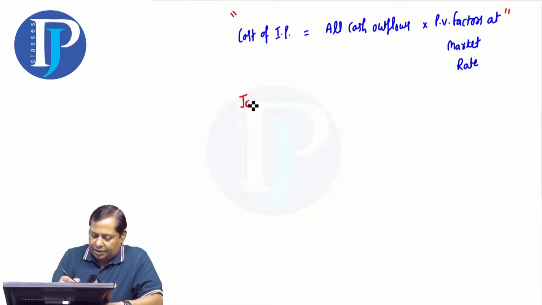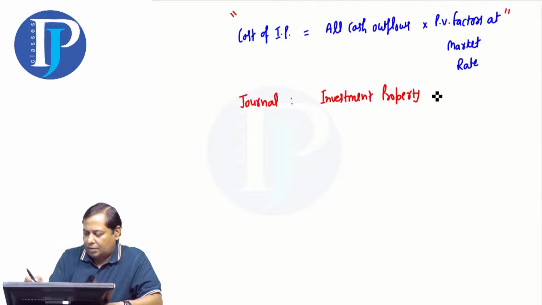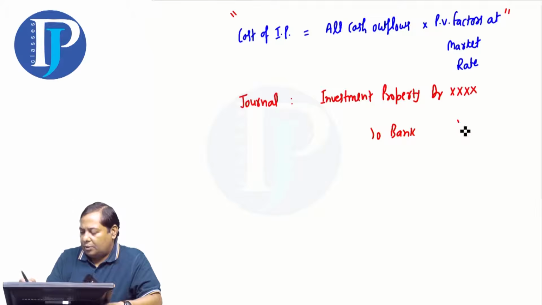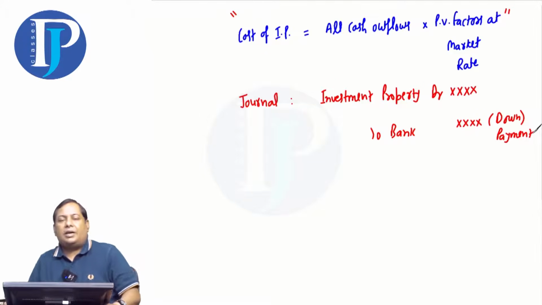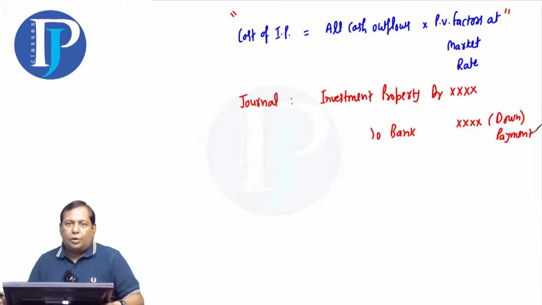And the journal entry will be passed. Investment property debit, to the bank. The payment to the bank will occur only with a down payment. You know that the down payment is your cash outflow and the PV factor of 1 will be applied to it, and your future payments will be discounted.